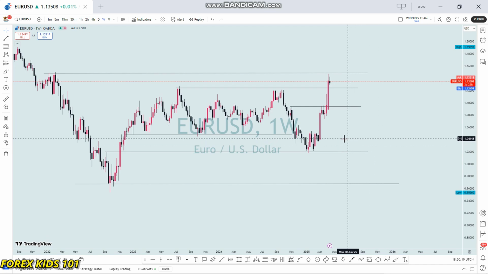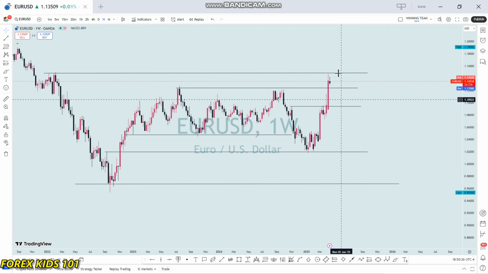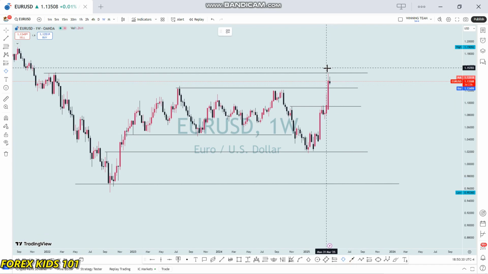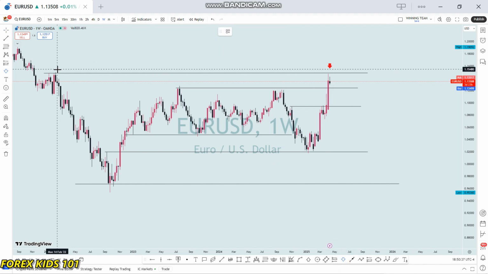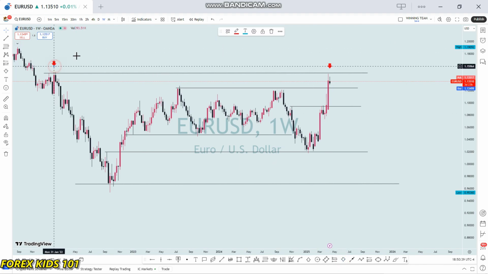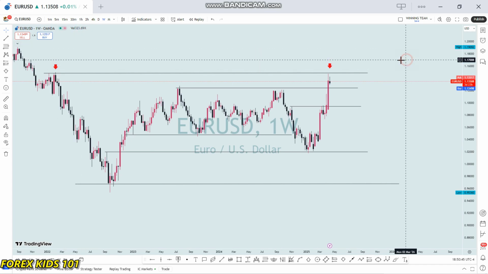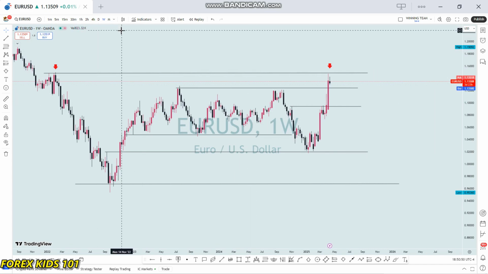There's a high possibility that we might see a sweep above this zone here. There's still a high possibility that it might respect it and remain below it, considering that we have a strong resistance there on a weekly time frame.